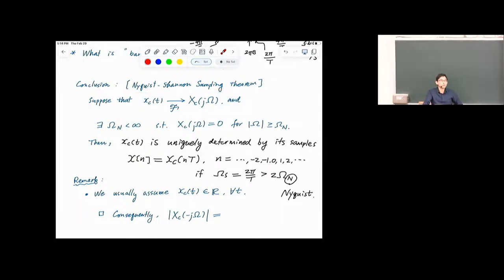We want to sample at least 2 times omega n, at least the Nyquist rate. This upper bound is often referred to as the Nyquist frequency, the Nyquist angular frequency, the upper bound of the frequency above which we have no signal.